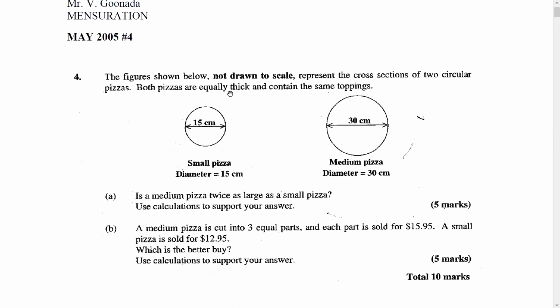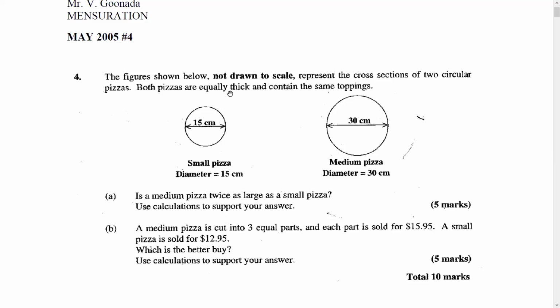Okay, anybody can tell me what's the key word in this question? Twice as large. No. Diameter. No. Not drawn to scale. No. The thickness of the pizza. No. Cross section.